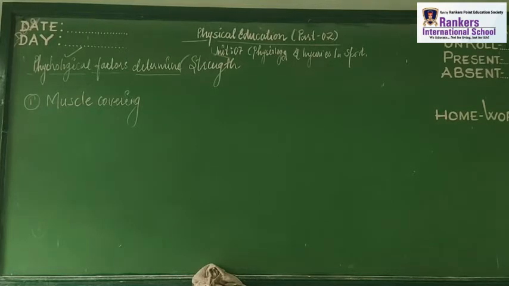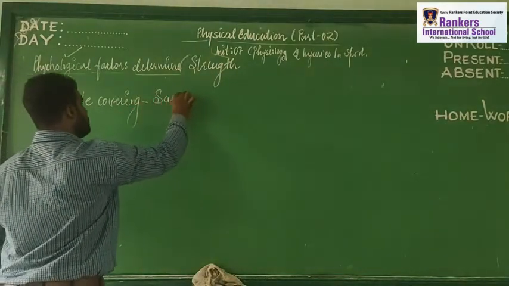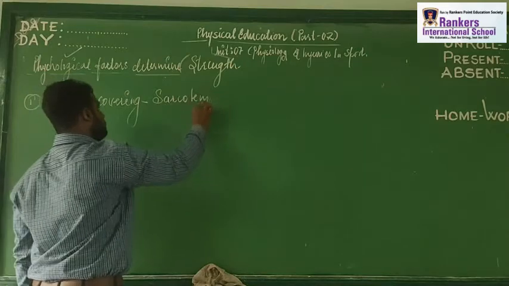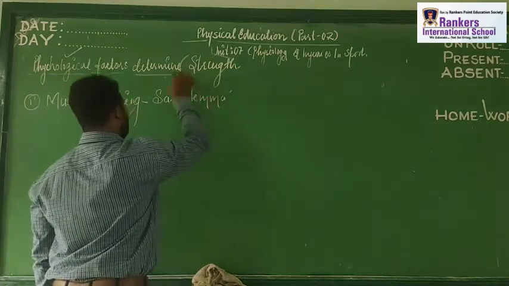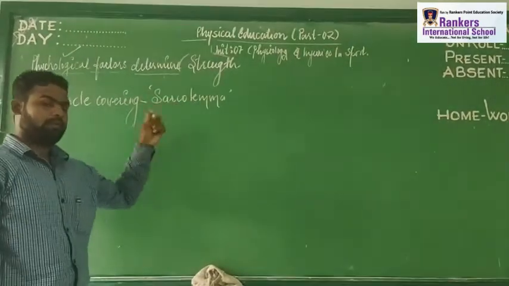Sarcolemma should be increased so that the cross section of sarcolemma, or the blood flow, could be good. Keep this in mind: muscle covering is done by sarcolemma.